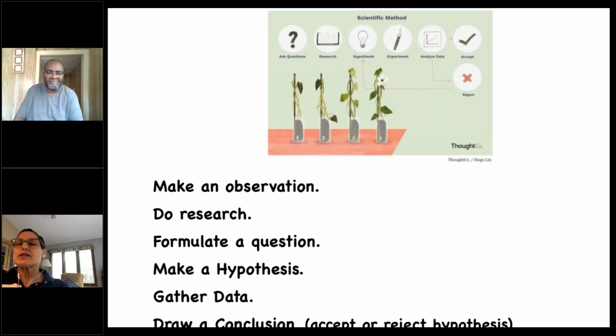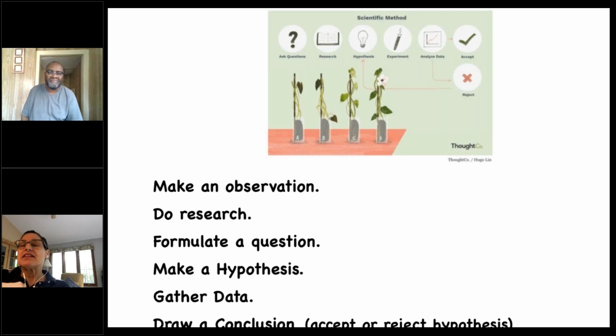You start with, you make an observation, like, wow, I noticed that this plant is not doing well. Okay, and why isn't it doing well? And then maybe you do a little research about plant growth, and then you formulate a question. What if I gave it more water every day than I have been giving it?